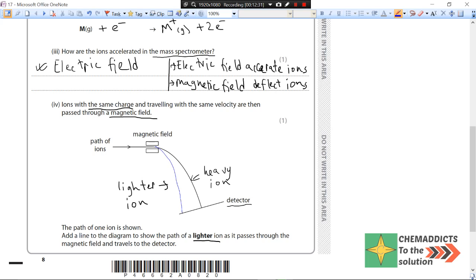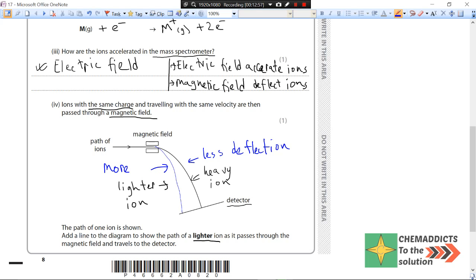So let's move on. Here this is the path for the heavier ion, and this is the path for the lighter ion. As you can see here, the heavier ion has deflected less. It has less deflection and this one has more deflection.